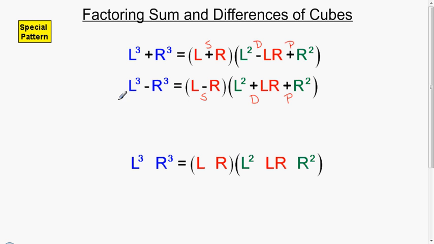So let's go back a little bit to the skill of identifying perfect cubes and cube rooting them, and take a look at how we're going to combine that with a special pattern here and generate an organizer that will help you actually factor these problems when I give them to you.